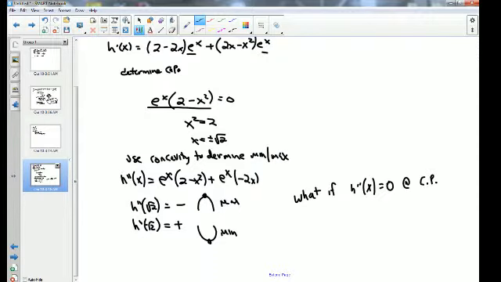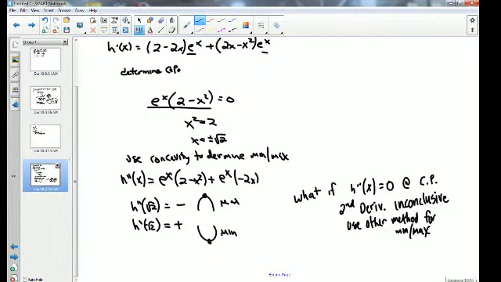We don't know anything. Okay, the second derivative test is inconclusive. We have to use some other technique to determine min-max. Use another method for min-max. All right? Keep that in mind.